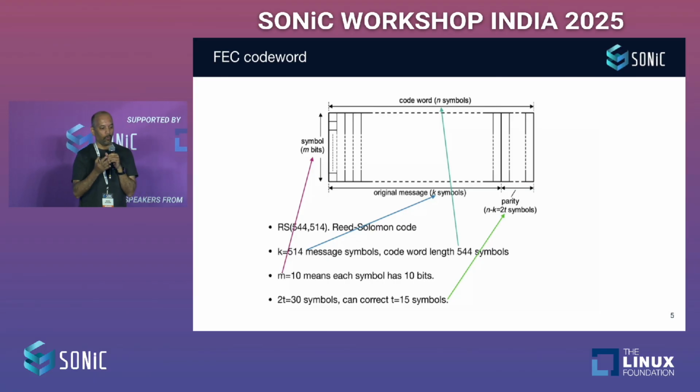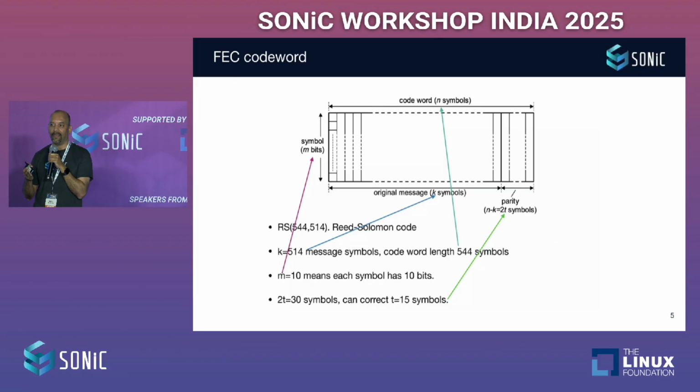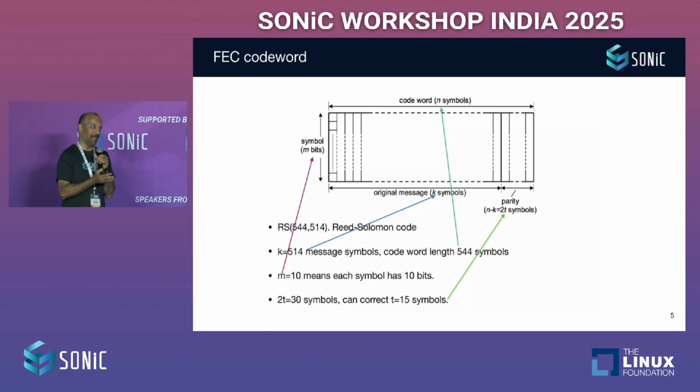Each symbol is 10 bits. With 30 parity symbols, you can correct 15 errors and detect 30 errors. That's the meaning of code word.